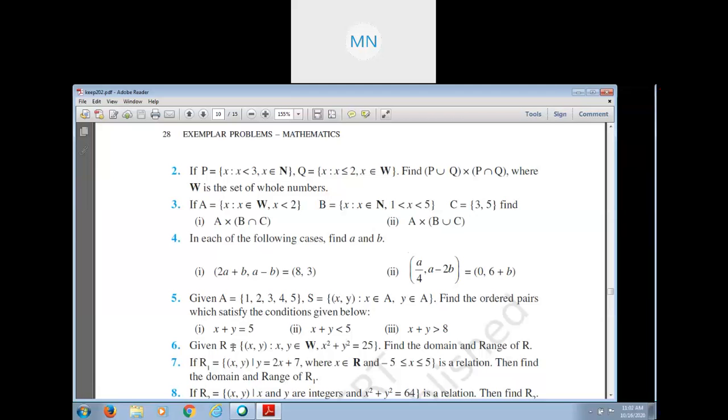W means what? A set of whole numbers. Whole number means it comes from 0, 1, 2, 3, 4 and so on. Such that x square plus y square equals 25. Find the domain and range of R.